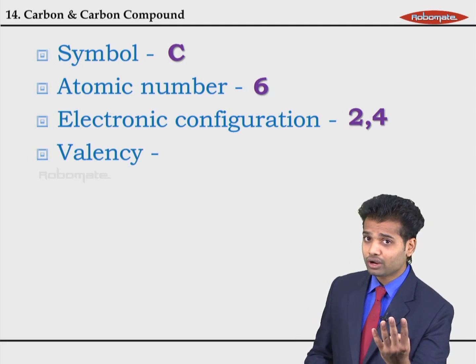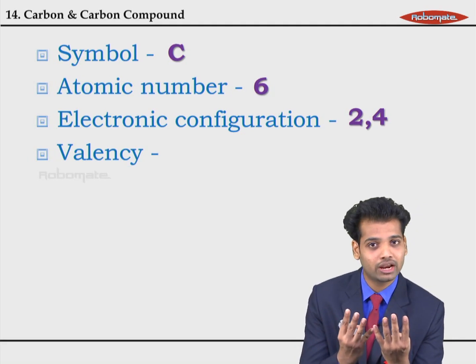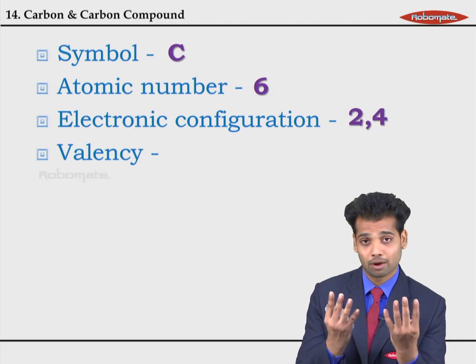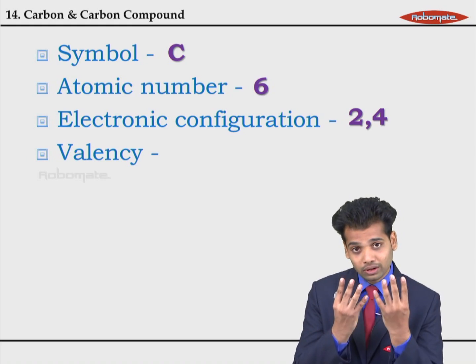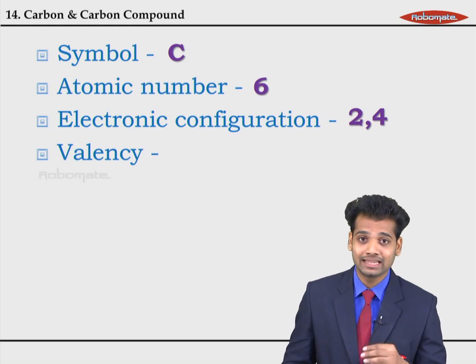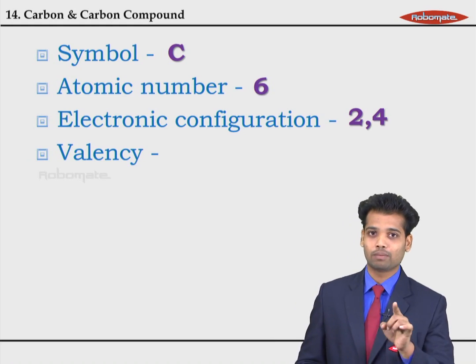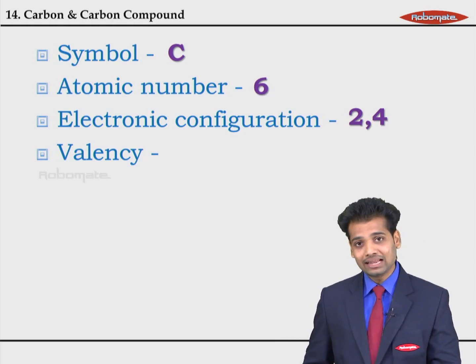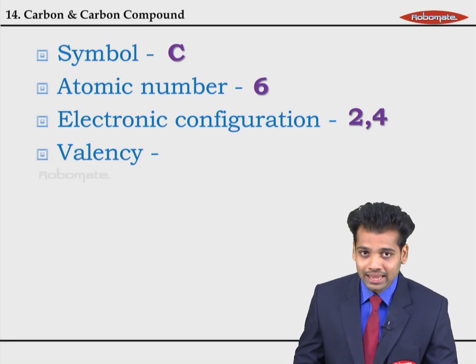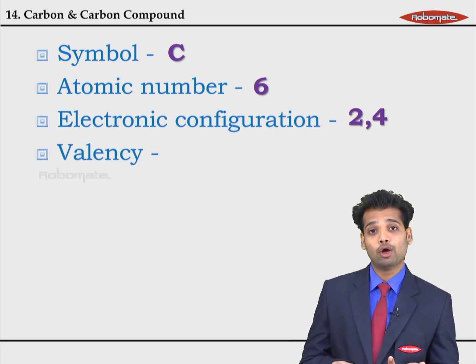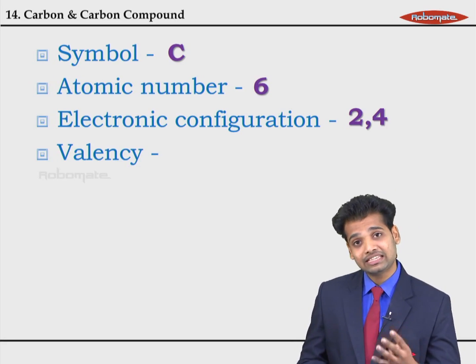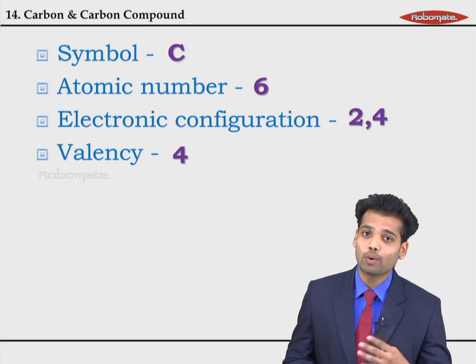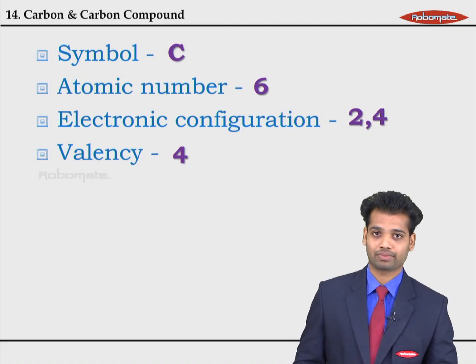If it shares its 4 electrons, someone else has to share its 4 electrons. Now by sharing 4, 4, the total number becomes 8, making the electronic configuration 2, 8, that is the octet state. Now the valency, meaning to find its stability, what it has done. It has shared 4 electrons, meaning its valency becomes 4.